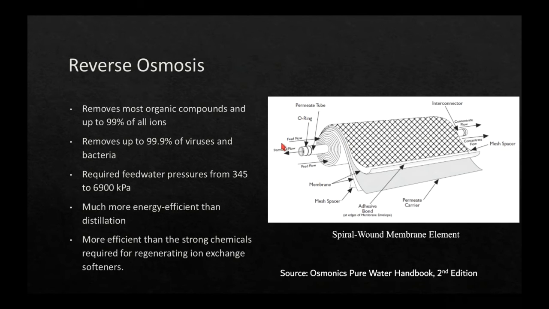The water is fed into, so think of this being in a can container, and the feed water goes in between the membrane. It's a cross-flow type of membrane, and then on the inside we've got a pipe, and there are some O-ring seals on it.